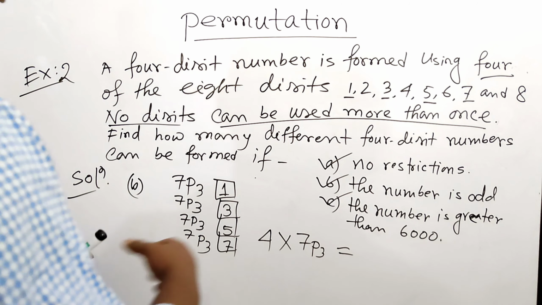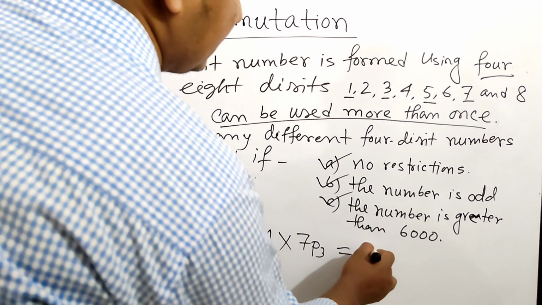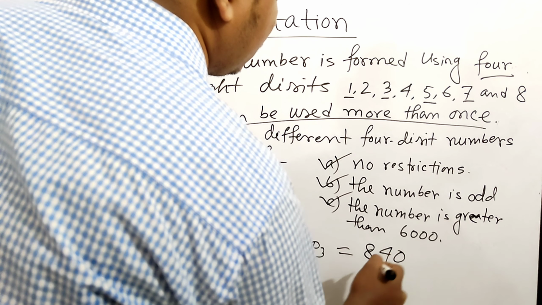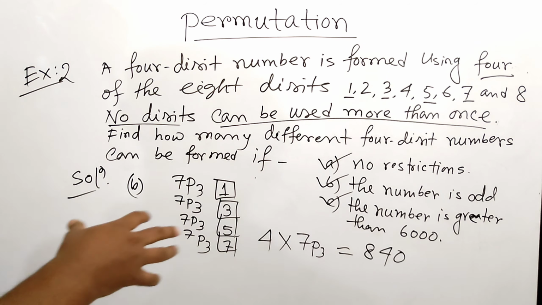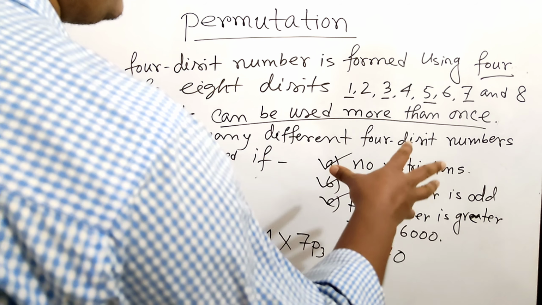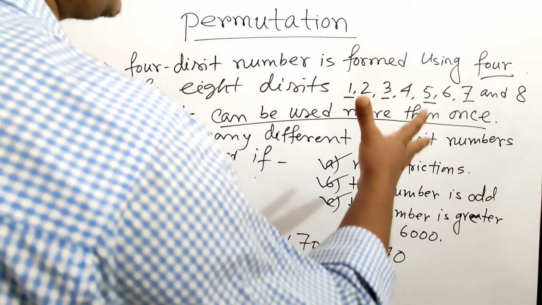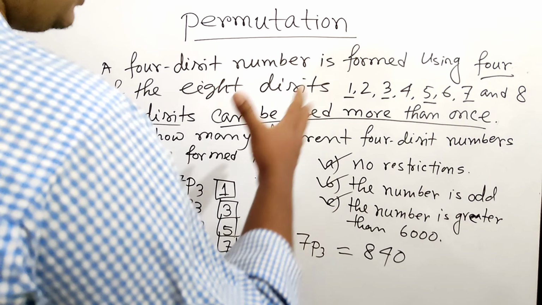Using the calculator or the formula, it will be 840. So in 840 ways you can make 4-digit odd numbers from these 8 digits.